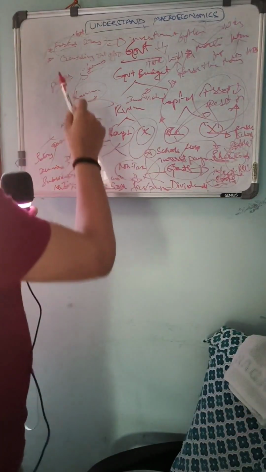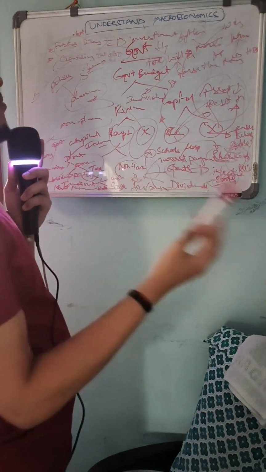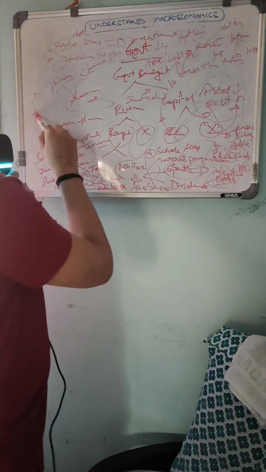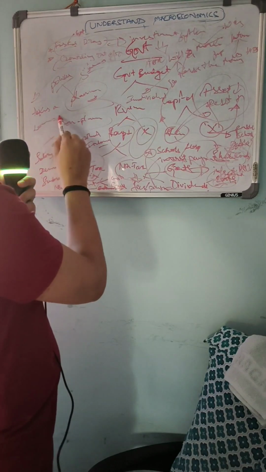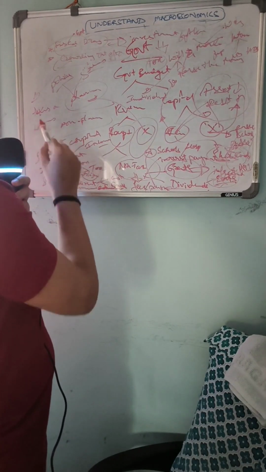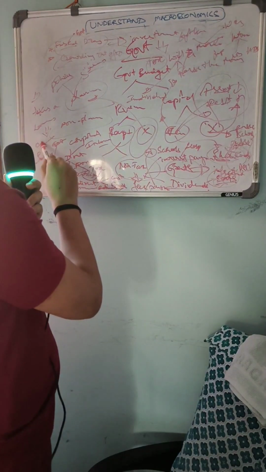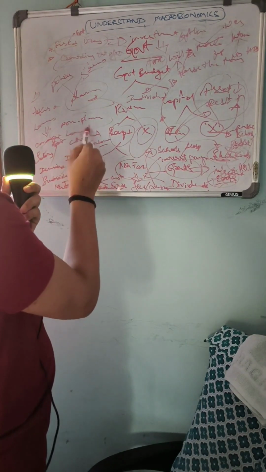And also in crowding out effect, if the government takes a loan from the banks, commercial banks, then the industries are not going to get enough loans for the investment.